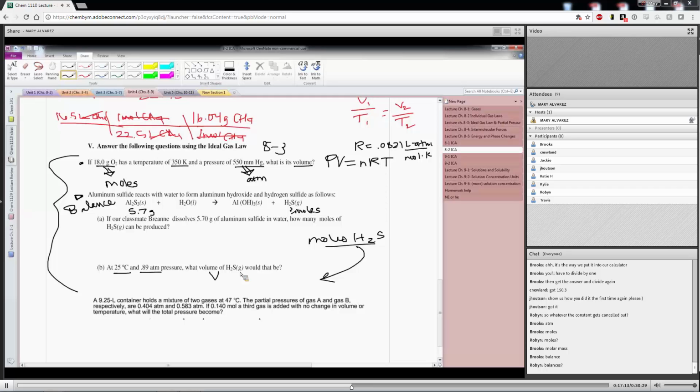How do you calculate volume? Ideal gas law, exactly right. Your ideal gas law expresses the relationship between pressure and temperature and volume and number of moles. So again, you're just going to solve for volume, plug everything in.